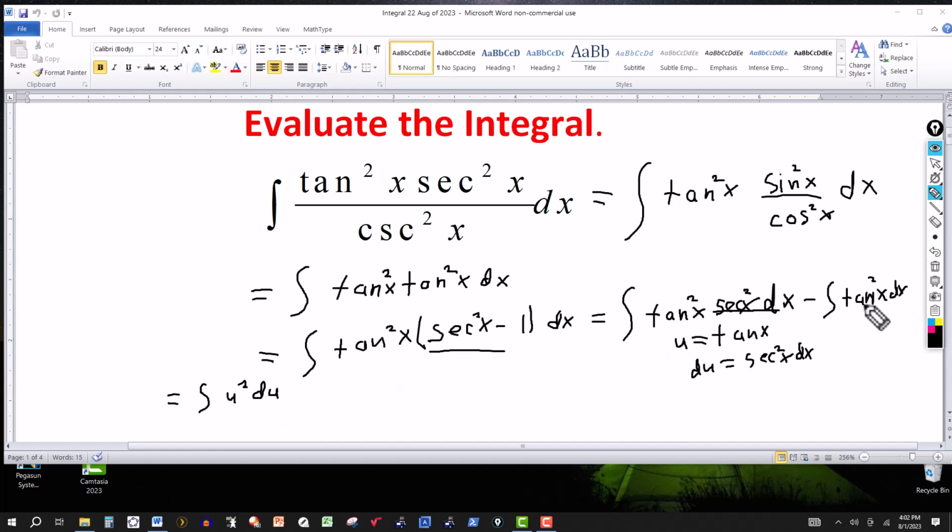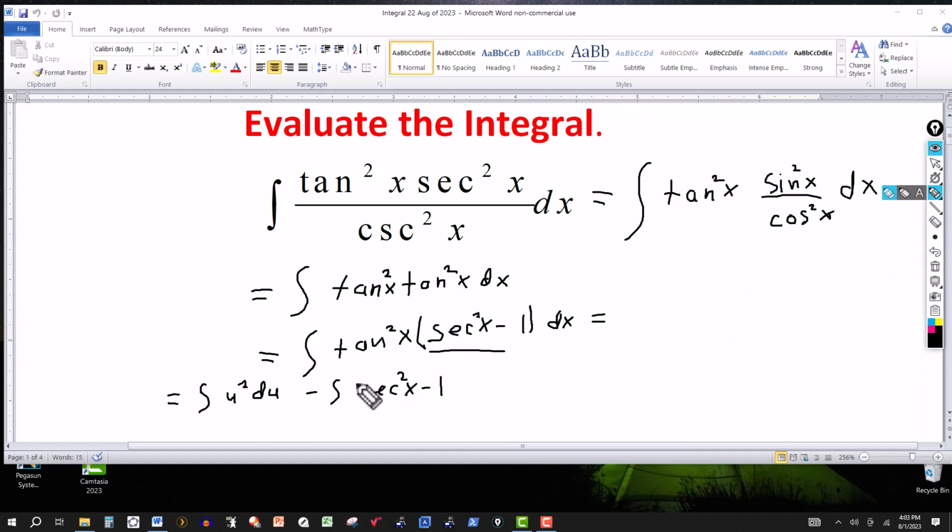And then for this one here, I have minus the integral. And tangent squared of x, again, I'm going to replace that by secant squared of x minus 1. And then we're pretty much set there. Put this in parentheses. This will be dx here.